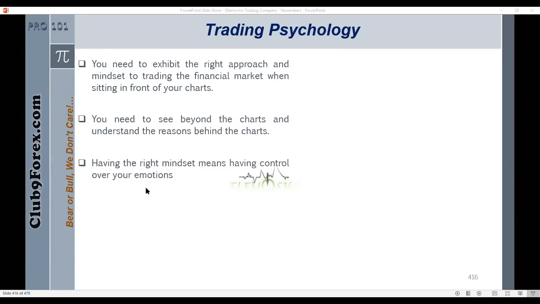So let me continue. Having the right mindset means you're going to be able to control your emotions. You don't just take trades anyhow. You have to have a reason before taking any trade. So you need to be disciplined, cool-headed, and always in control of your game. Each time that you're in front of the system, see yourself as a professional. And professionals don't take trades anyhow.